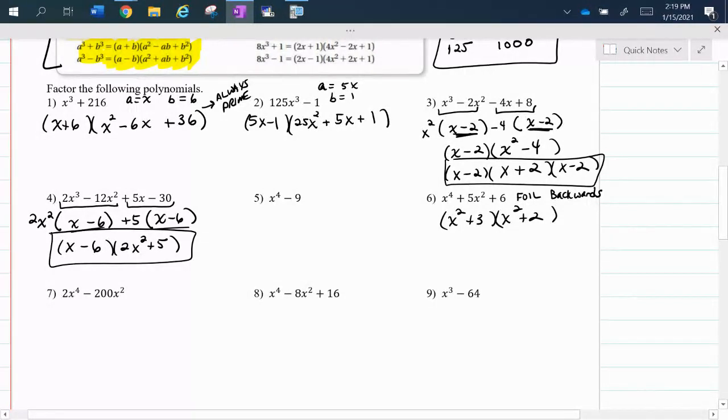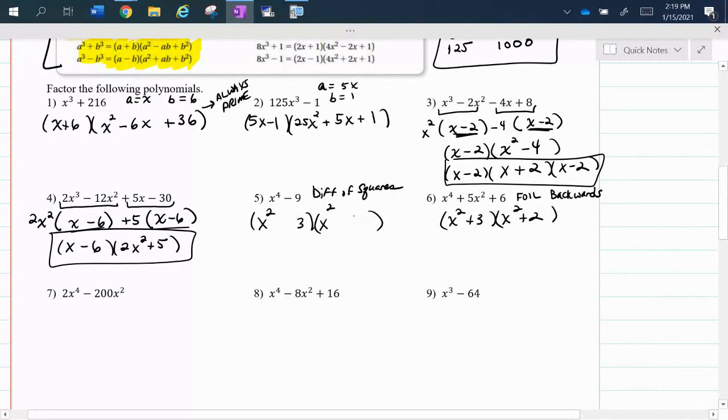And I'm going to do the same thing with number 5, because what I have here is the difference of squares, but it's not with an x squared anymore. It's with an x to the 4th, because an x to the 4th is a perfect square. X squared times x squared gives me x to the 4th. So I'm going to make two binomials. What times itself gives me x to the 4th?